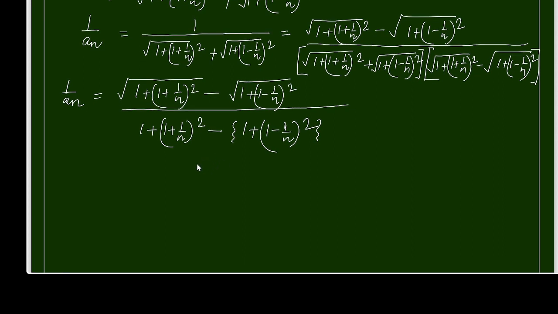So see the denominator, this 1 will be cancelled. Then (1 plus 1 by n) whole square minus (1 minus 1 by n) whole square. You can simplify, but I am trying to write directly, applying the formula (a plus b) whole square minus (a minus b) whole square is always 4 times ab. So I'll write the denominator 4 into 1 by n, that will be 4 by n.